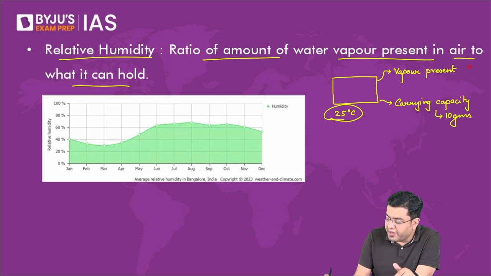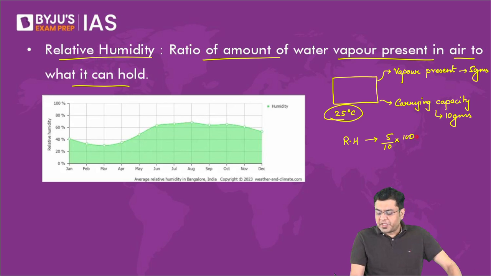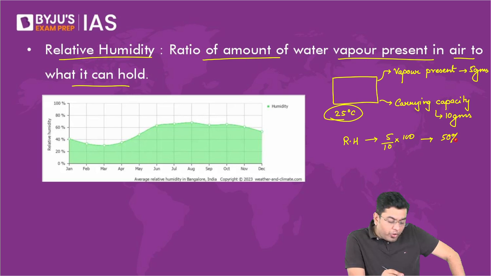So what will be the relative humidity? The relative humidity will be the ratio 5 by 10 into 100. Relative humidity is always expressed in percentage. So that comes out to be how much? 50%.